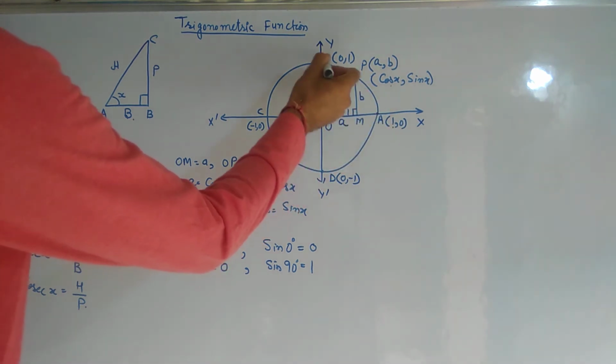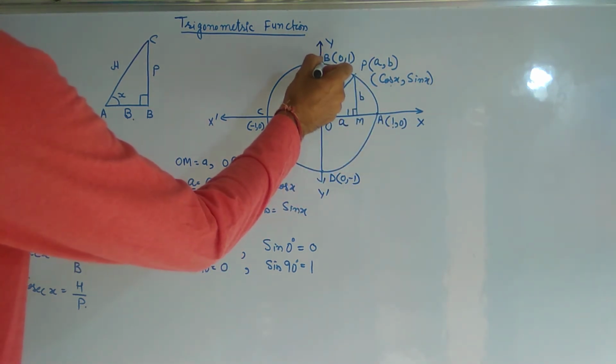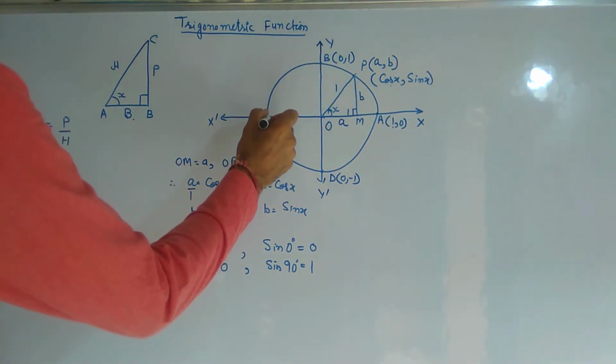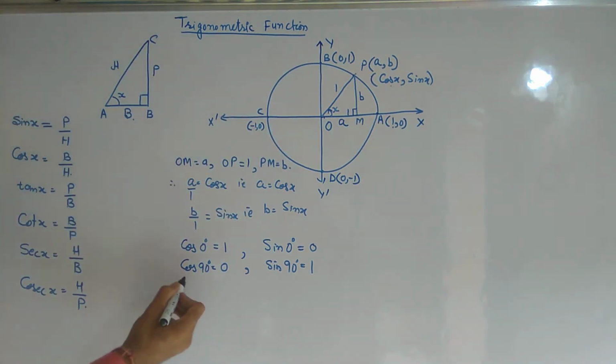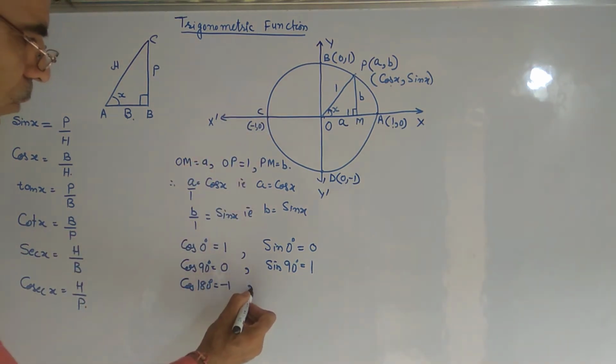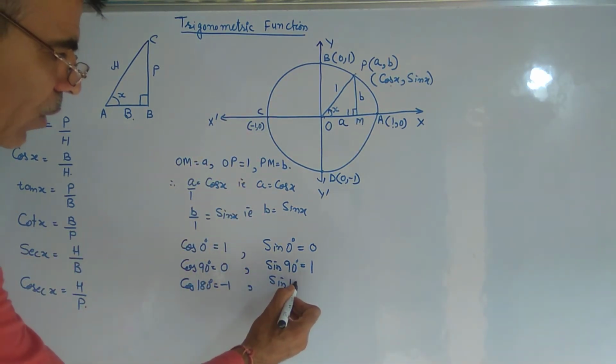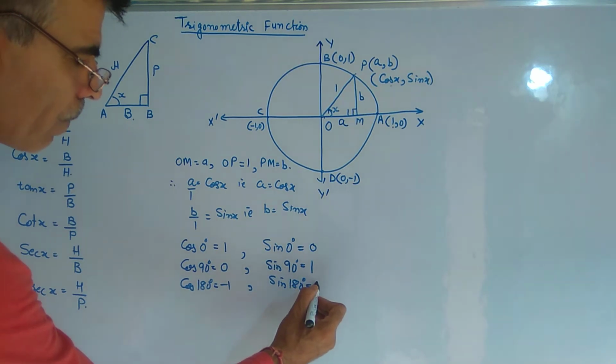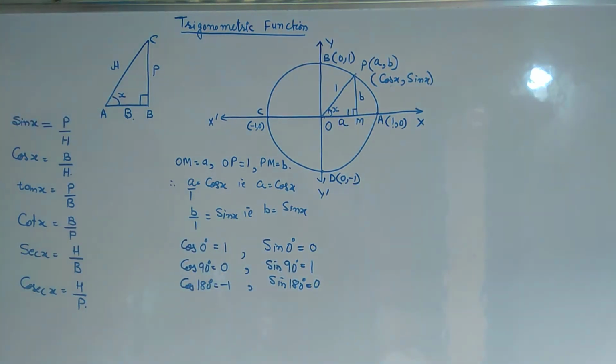Now when the point P reaches B and then reaches point C, the angle is 180 degrees, and cos 180 degrees is equal to -1, and sine 180 degrees is 0, or we can say pi.